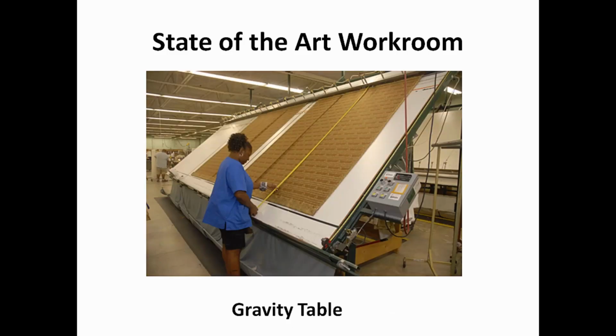This next station is what we call our gravity table. Those of you that have worked in workrooms know that this is probably one of the positions that takes the longest part of making a drapery, when you're tabling it for length and those various things that are done at that operation. Well, this is what we call a gravity table, and what's really cool about this machine is the bar up on the top slides down to the bottom of the table, and that's where she clamps in her bottom hems.